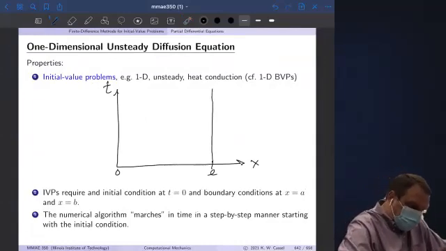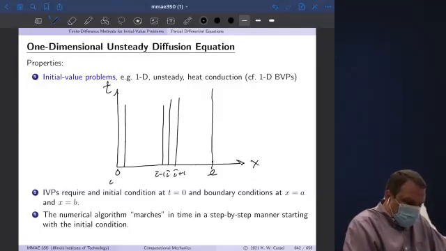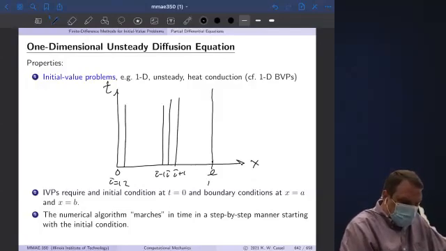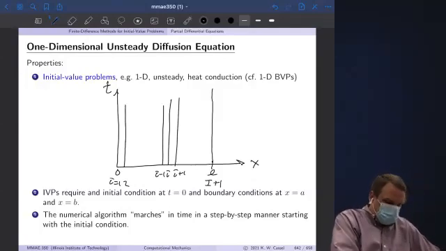In terms of our spatial grid, this is going to look like a boundary value problem. I'll have i plus 1, and i minus 1. i starts with 1, 2, and then goes up to capital I plus 1 at the right boundary. So that's like boundary value problems.